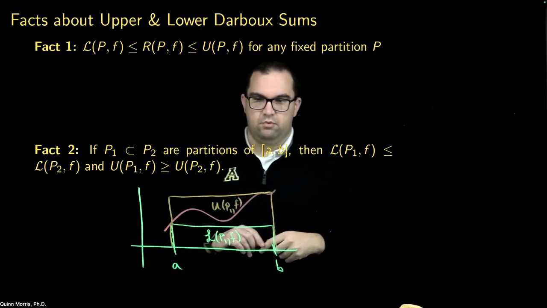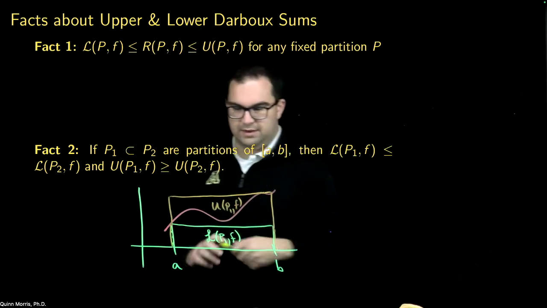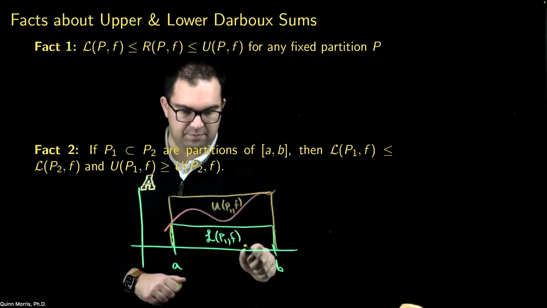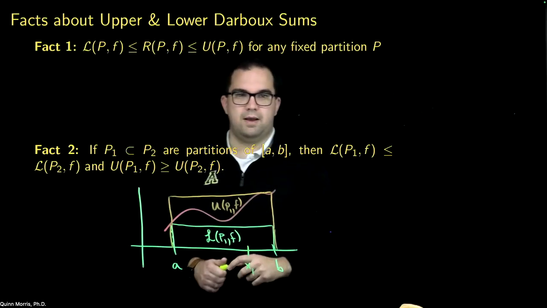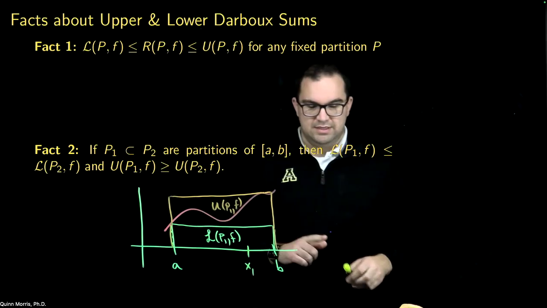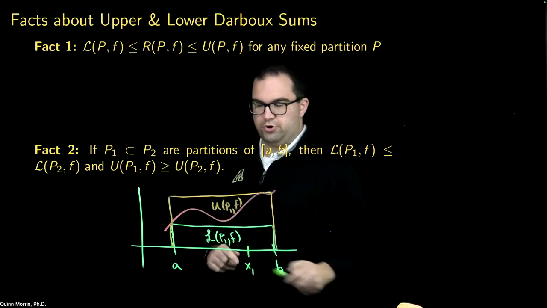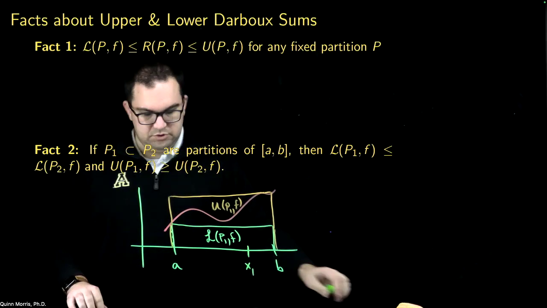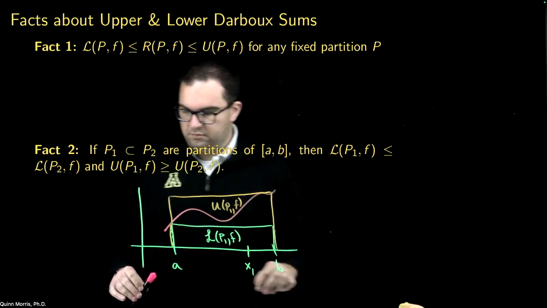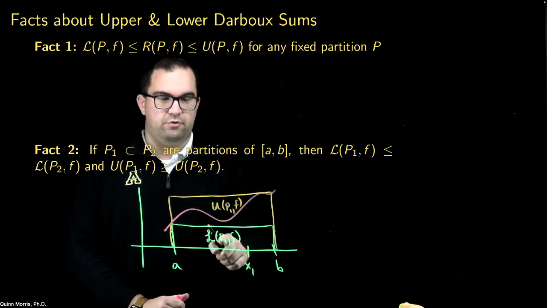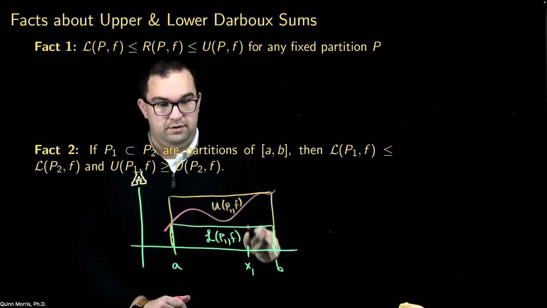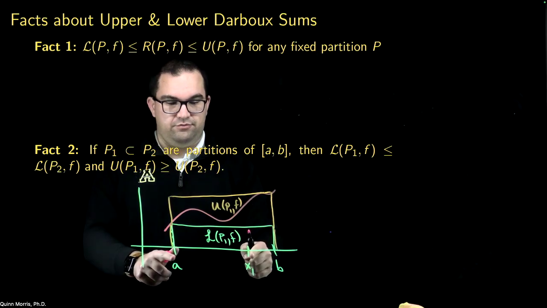Now, what if I threw in another point of my partition? Maybe I added a point x1 into my partition. Let's think about my upper and lower Darboux sums. To draw the lower Darboux sum for P2, first I look at the interval a to x1 and find the smallest value.